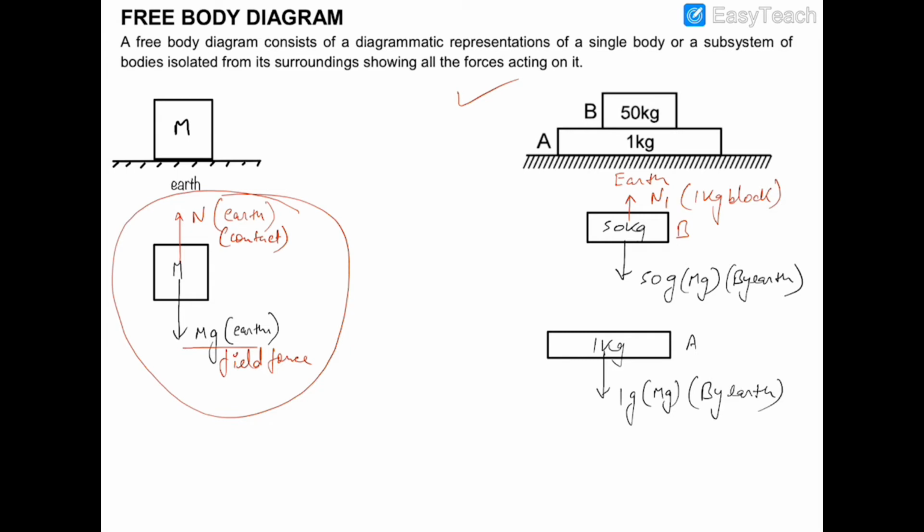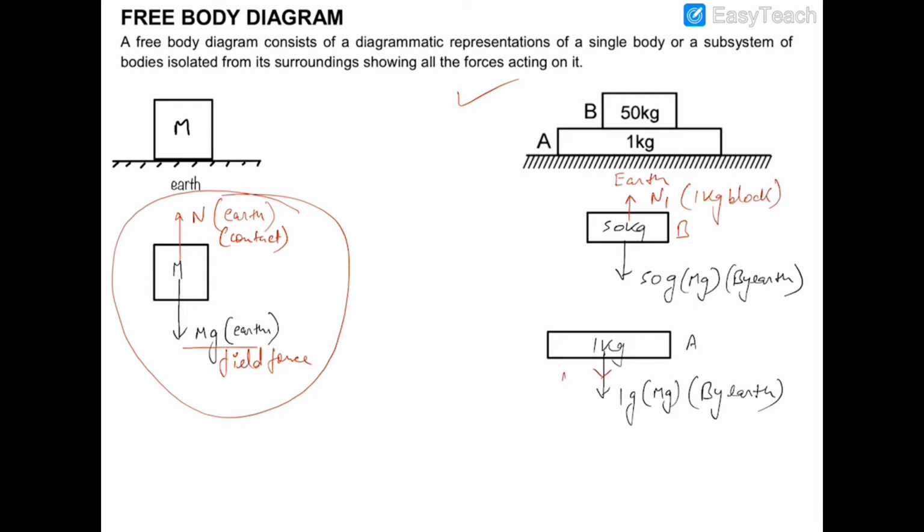Another force: we cannot ignore the fact that the 50 kg block is experiencing a normal reaction force N1 due to the 1 kg block in the upward direction. So that 50 kg block will also apply the same amount of force on the 1 kg block in the downward direction, as each and every action has an equal and opposite reaction.